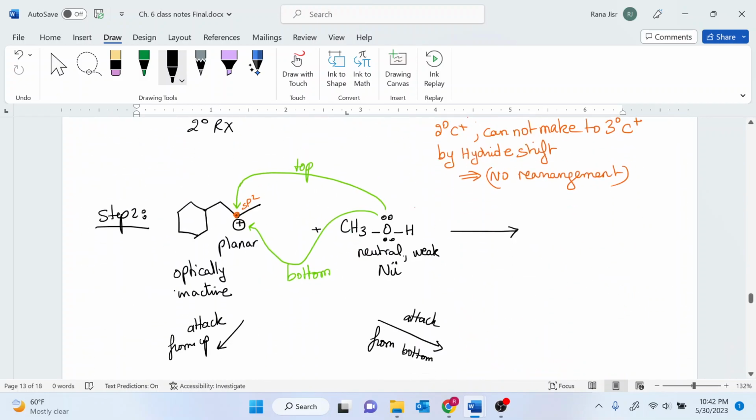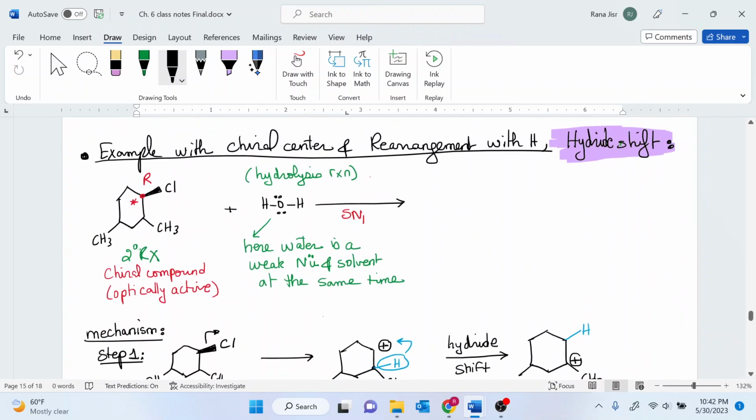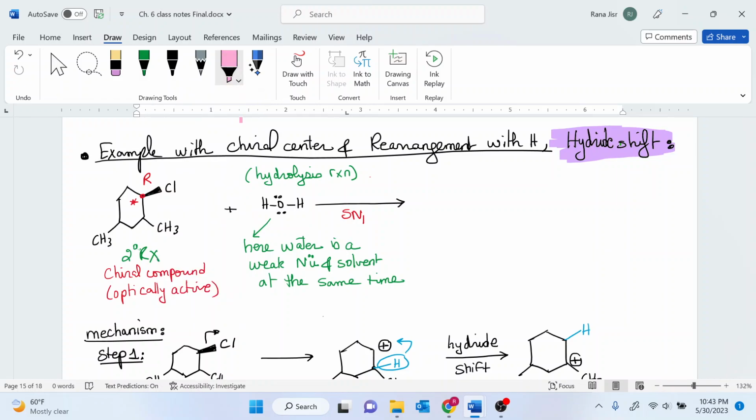Let's have an example over here on the rearrangement of the carbocations. So I'm starting with my secondary alkyl halide, and I am showing the stereochemistry of my leaving group. So if you're showing the stereochemistry of the leaving group, you need to show the stereochemistry of the product. My nucleophile here is the water.